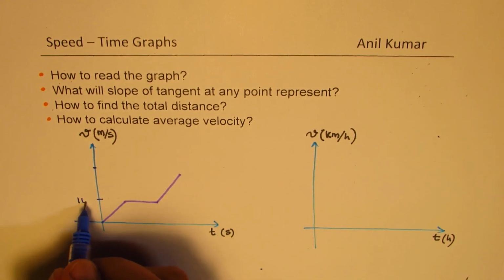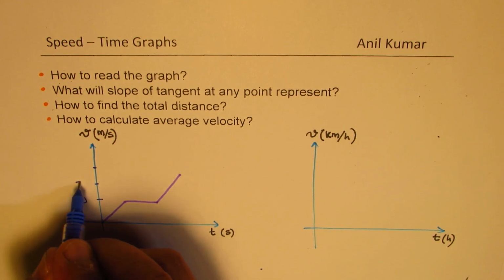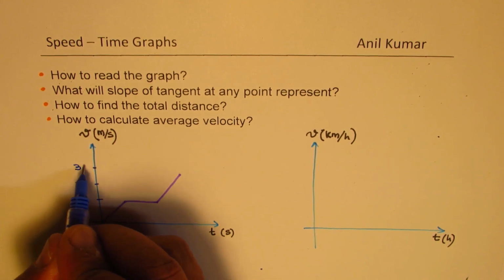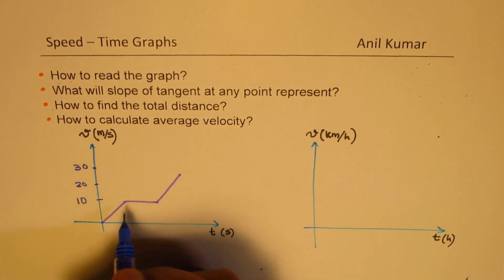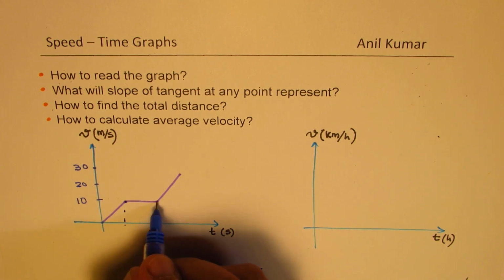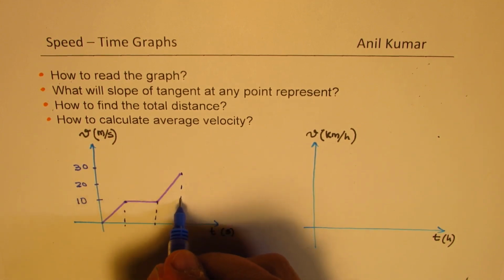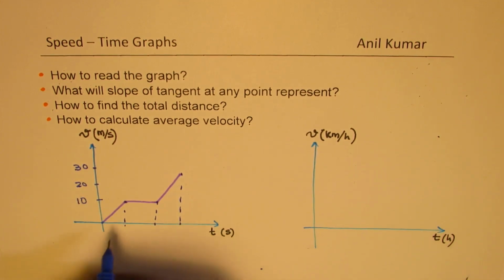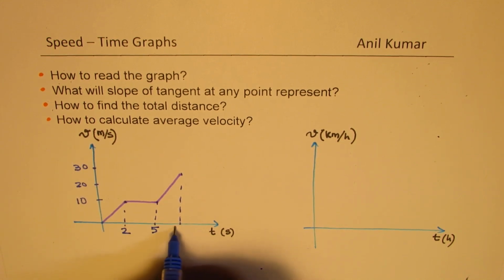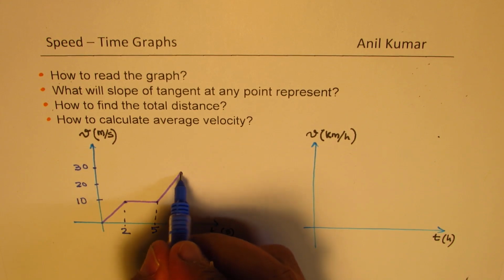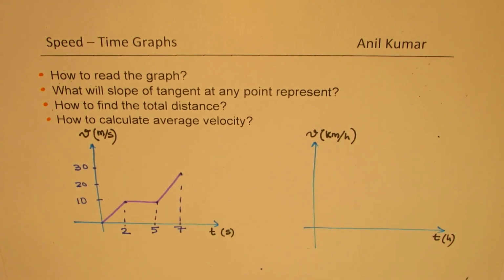Let's say this is 10 and we have 20 here somewhere, and that is 30 meters per second. And let's say these time intervals, which we just plotted approximately, this is 2, this is 5, and this is 7, right? So we're just considering these points.